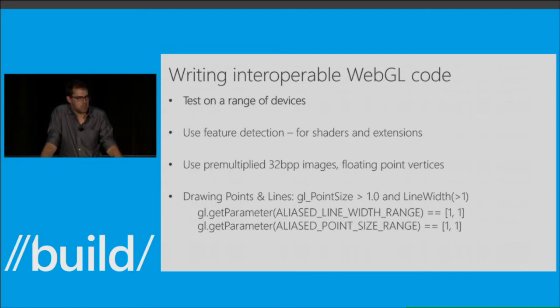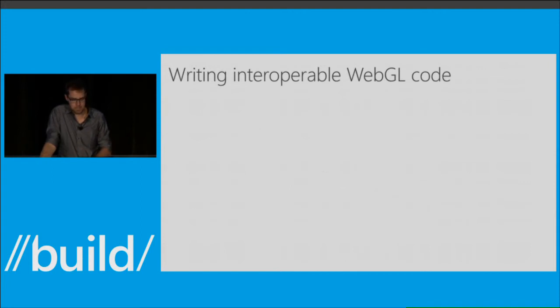There are still a fair number of devices where the range of line widths you can draw is 1-to-1, one pixel wide, or the same for point sizes. So if you're writing an app that needs to do a lot of line or point drawing, you might want to think about doing thicker lines as a progressive enhancement feature, or doing the triangle setup for that yourself.